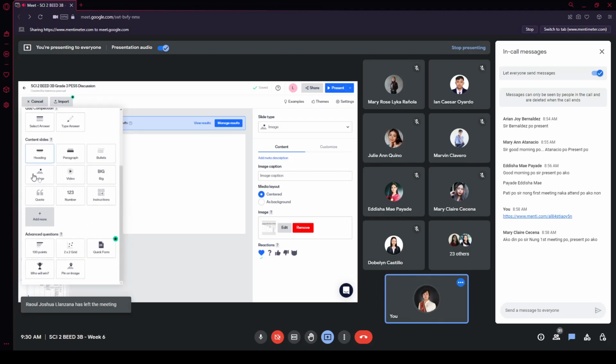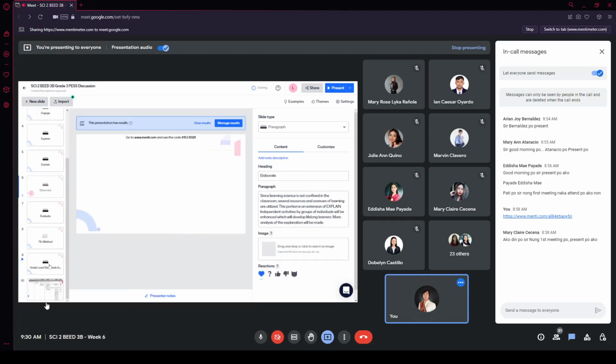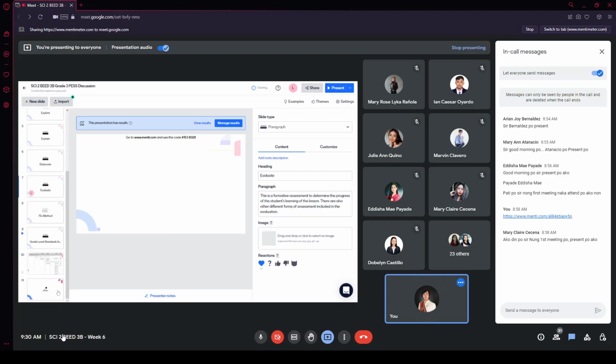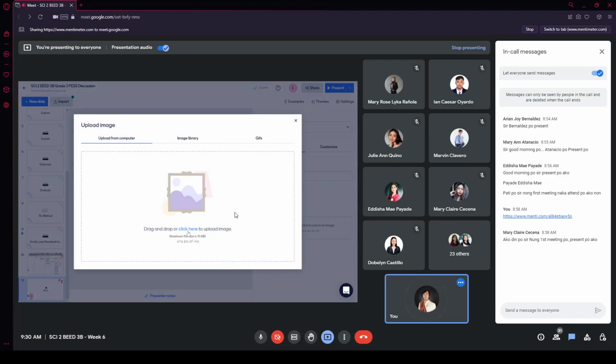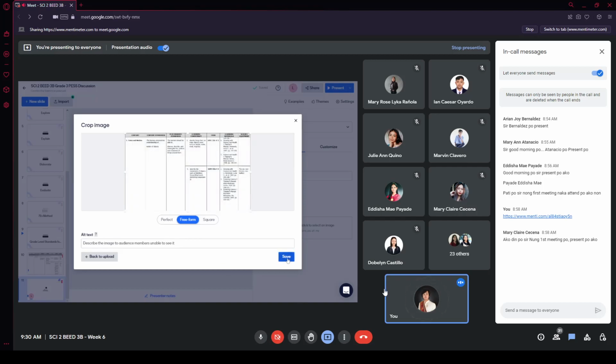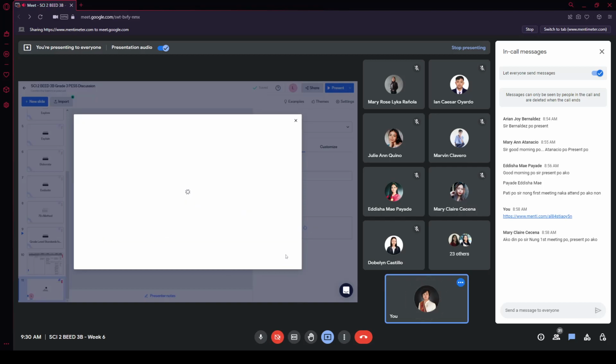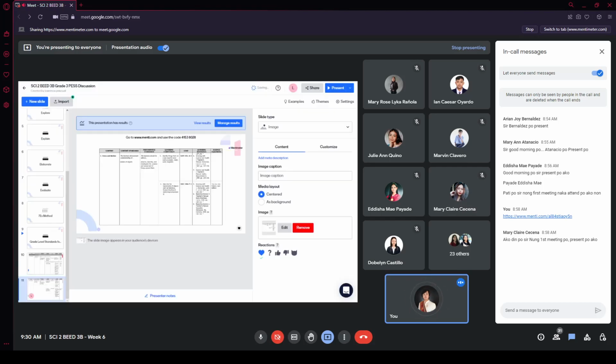Image. Oops. Why is it lagging? It's loading. Okay. So that we would know what we would be tackling in science.